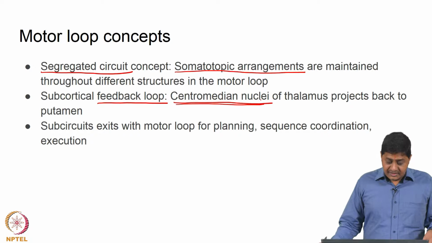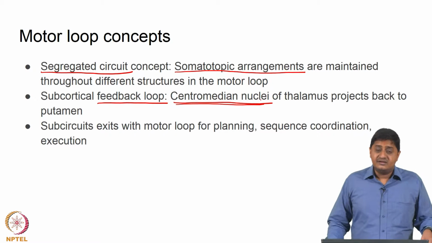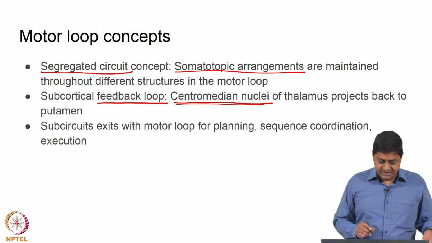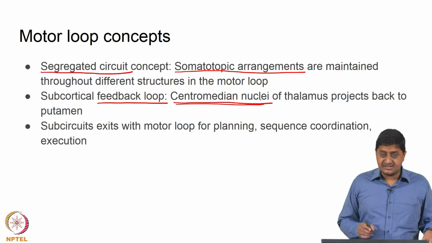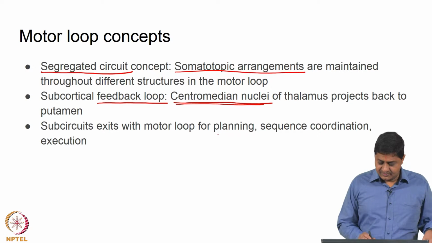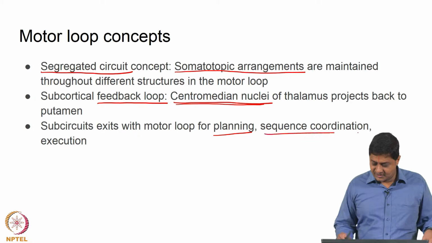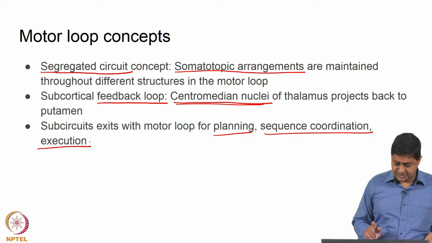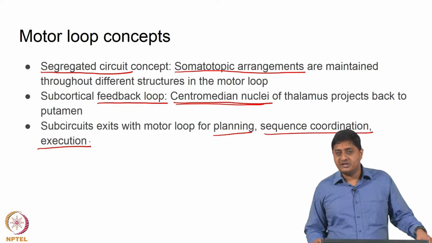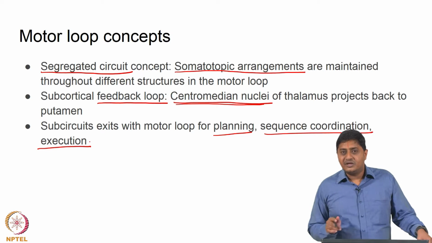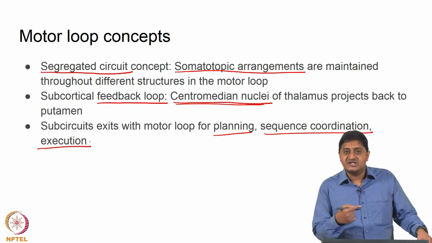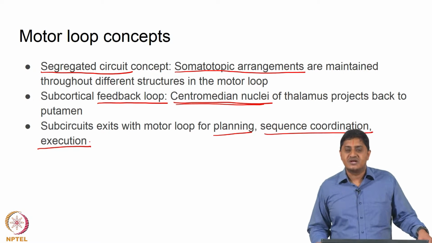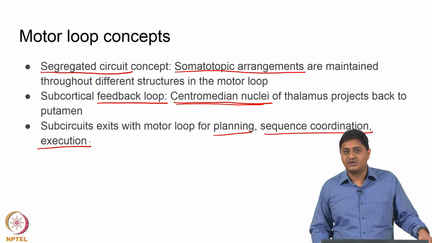It has also been noted that different subloops or subcircuits exist within the motor loop for planning, sequence coordination and execution. That means it depends on what function I am going to use a particular limb or organ of the body for.